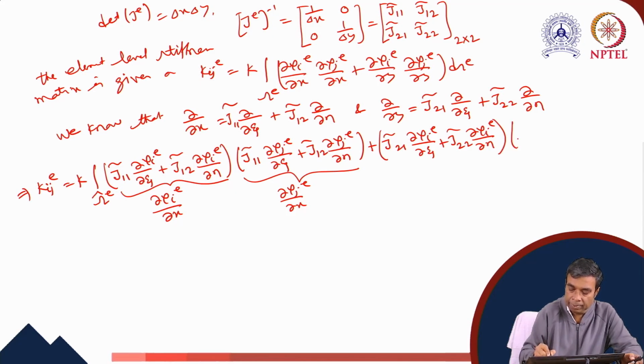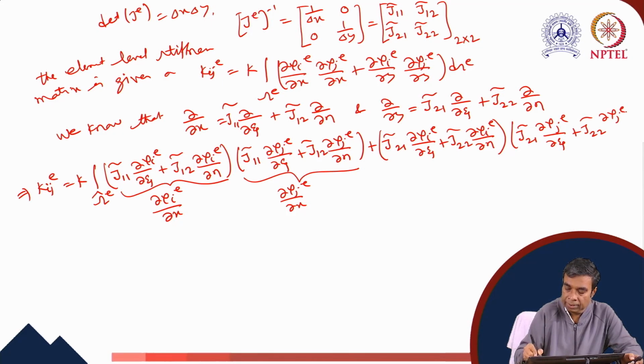This entire term is multiplied with j21 tilde del psi J del xi plus j22 tilde del psi J del eta. So the first term is del psi I del y, and the second term corresponds to del psi J del y.